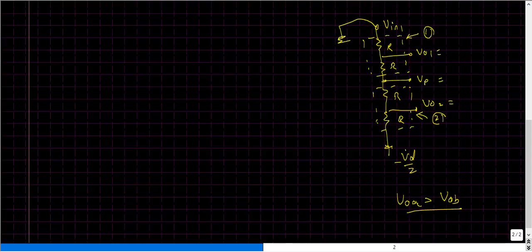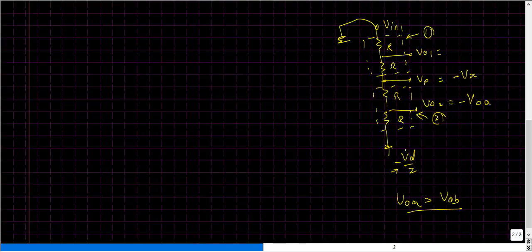Now this would lead to a value equal to VOA, but with a negative sign because the input is a negative potential. The next one, since it's at the midpoint of my resistive network, would lead to a value of minus Vx.